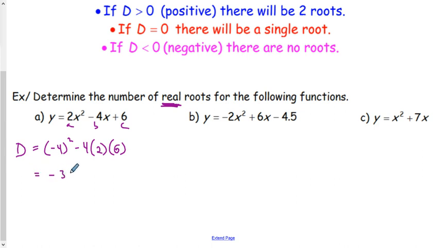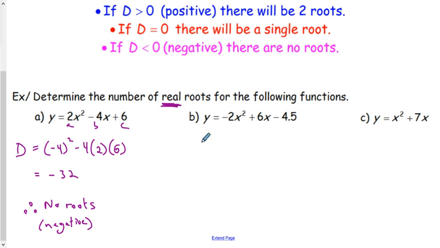We get negative 32 is our answer. So we say, okay, that's negative, therefore no roots, because it's negative. Okay, pause the video here, try the next two, see how you do.